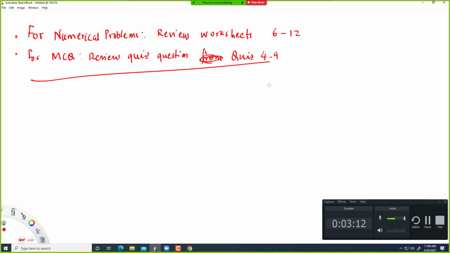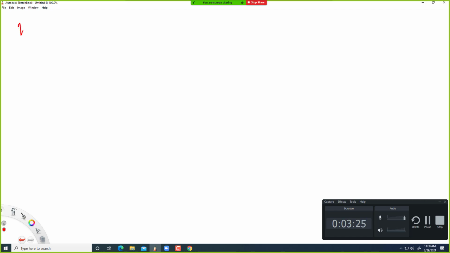So let's look at worksheet 12. We were talking about work, and we define work as force times displacement times cosine of the angle between the force and displacement.